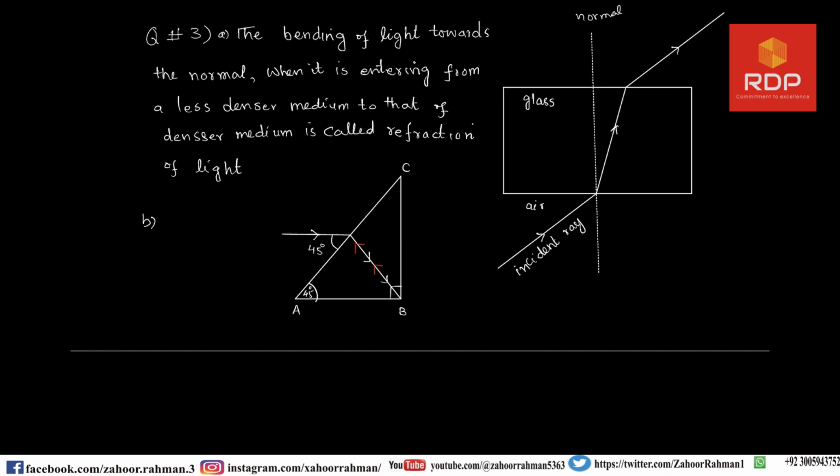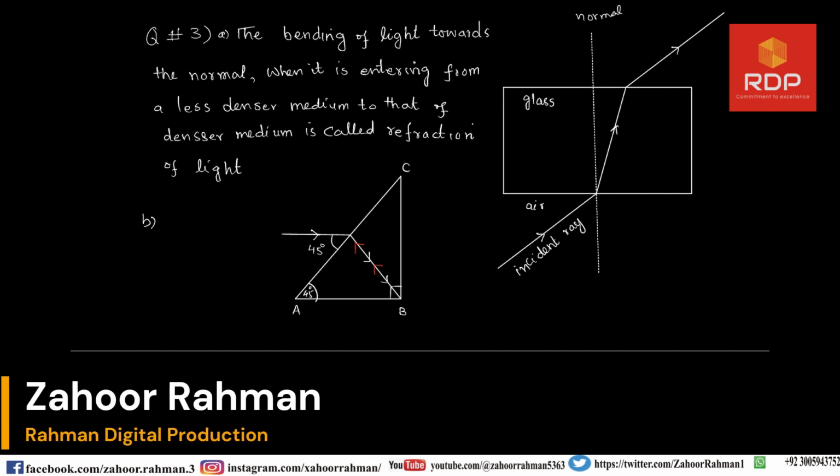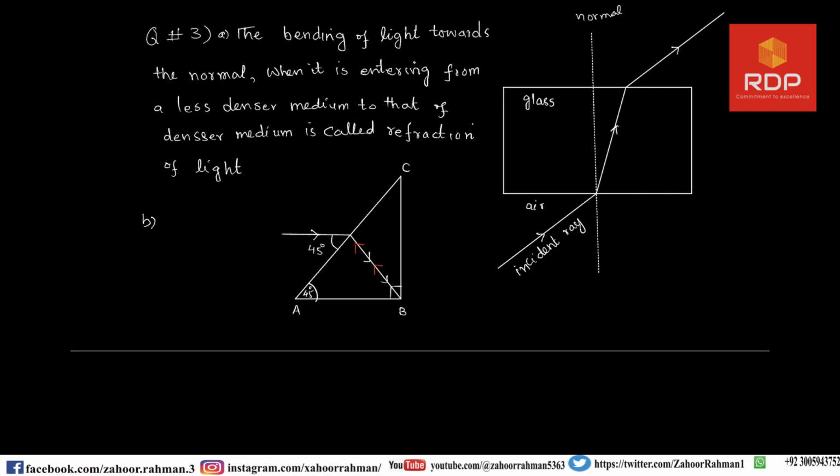When it is hitting the air glass junction, it is bent towards the normal, and when it is emerging out from the glass to the air, again it will go with the same angle as that ray entered to the denser medium. So I have written here for your memory refreshment again: the bending of light towards the normal when it is entering from a less dense medium to a denser medium is called refraction of light.